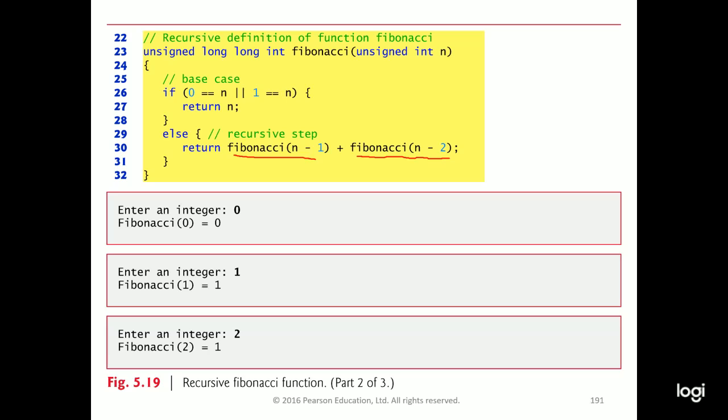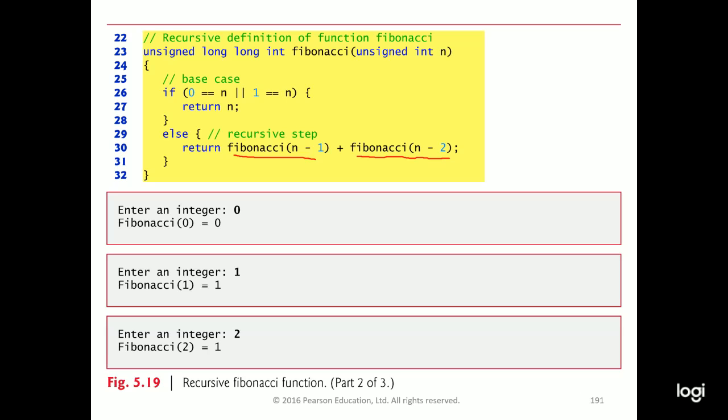Now, if n minus 1 and n minus 2 are larger numbers than 0 and 1, then you're going to get a large number of subsequent subcalls further down the line until these numbers are reduced down to 0 and 1. So a good idea might be to actually run this program and see how the call stack works.